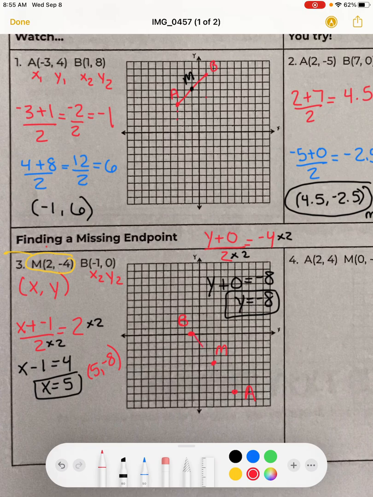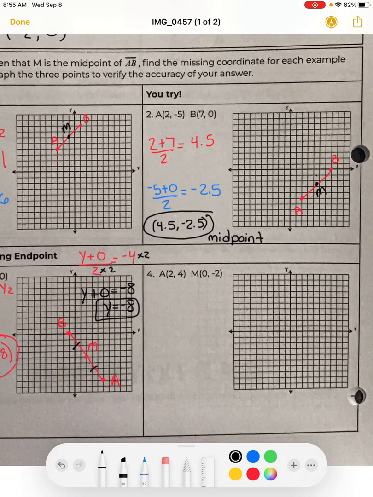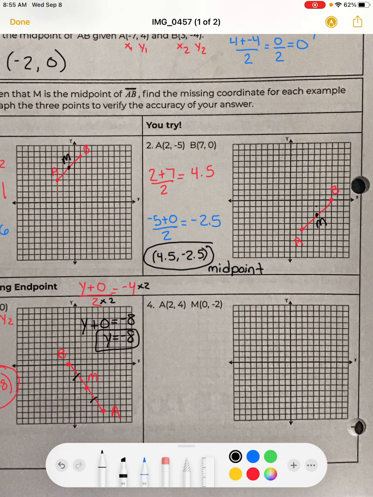Does that look like it would be the other end of that segment? It does make sense that we found point A. The one we are missing should be an equal distance from the midpoint, so they should be the same length.